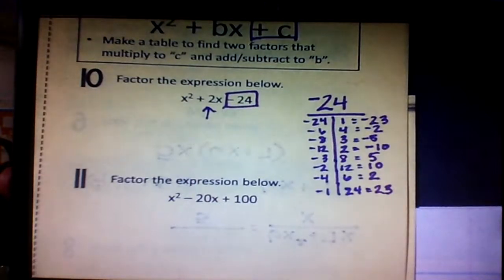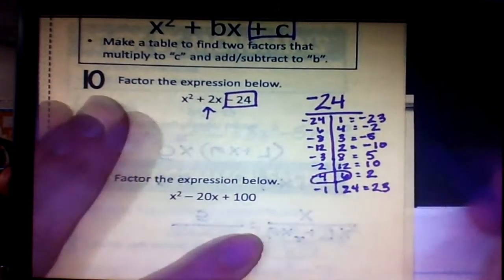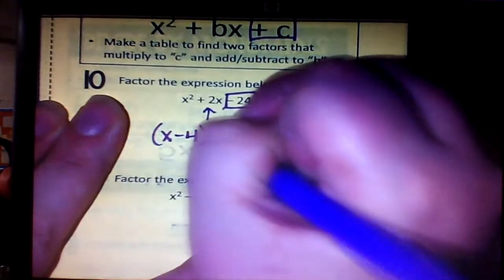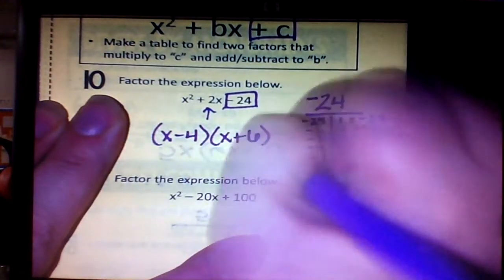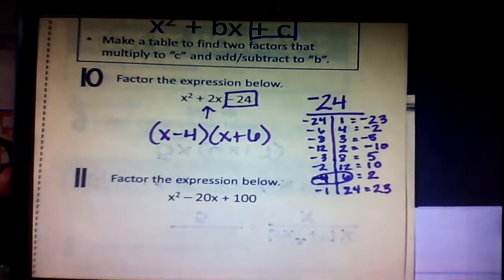Okay, so when I got to negative 4 and positive 6, that gave me a positive 2, and Andrew said it's that one. So these are your factors. Once you identify your factors, this becomes x minus 4 and x plus 6. And you're done.